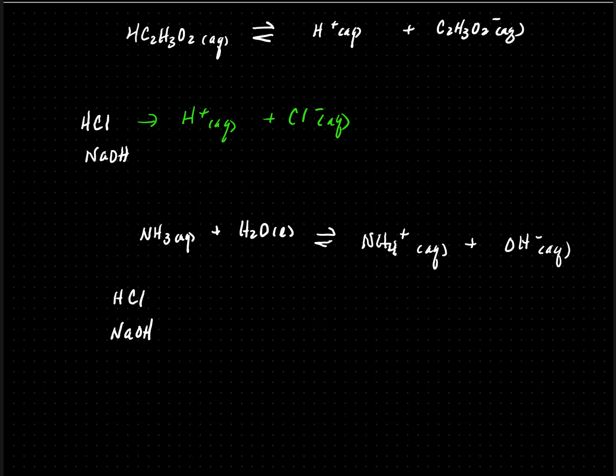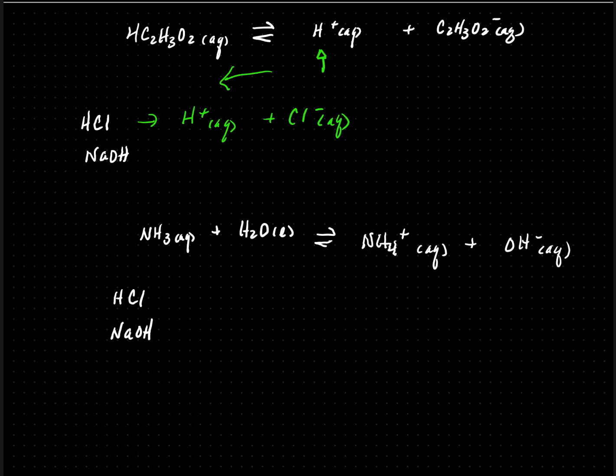Since it breaks down into H+ and Cl-, it increases the concentration of the H+ ion. According to Le Chatelier's principle, when a stress is added, the equilibrium is going to shift to reduce the added stress. So this reaction is going to shift to the reactant side to decrease the added stress.